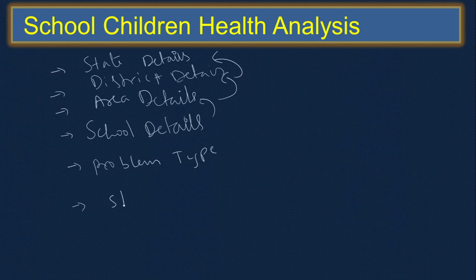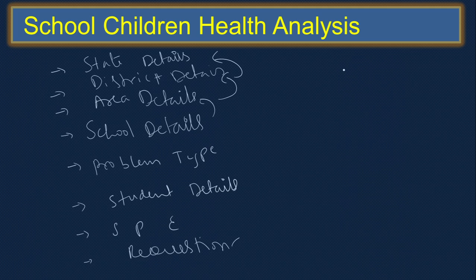Next is the student details. Next, to analyze the problem data, there is the problem entry, student problem entry. Next is the requisition, fund requisition. A requisition can be sent to the center requesting funds, and based on that we can have reports.